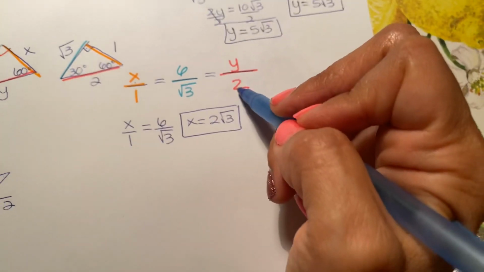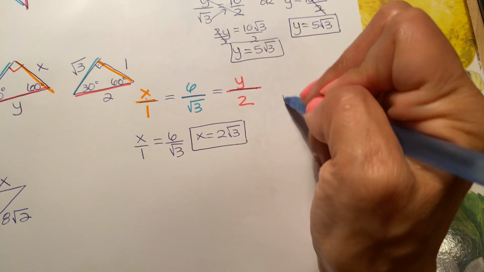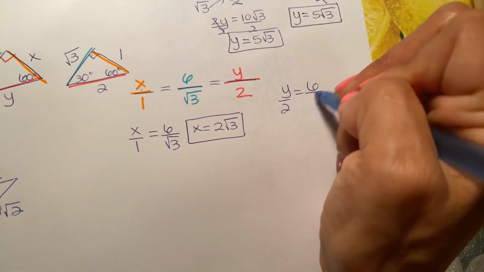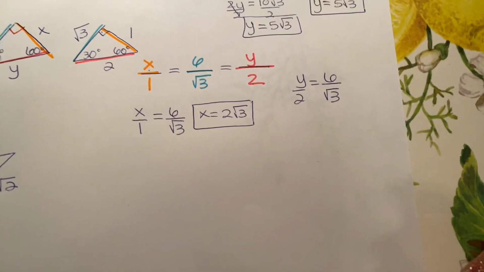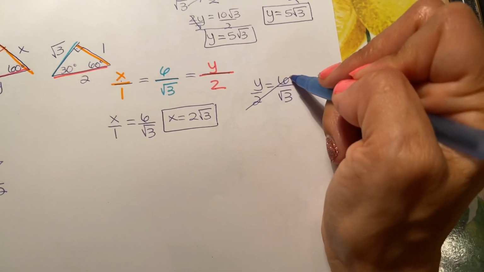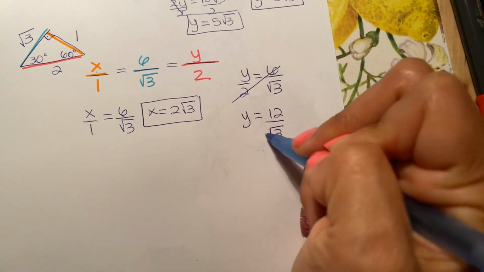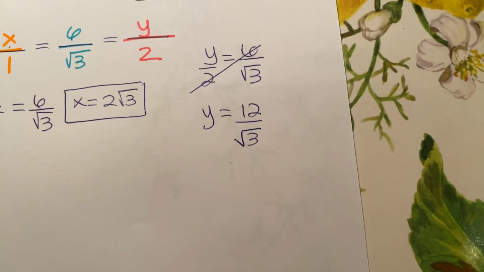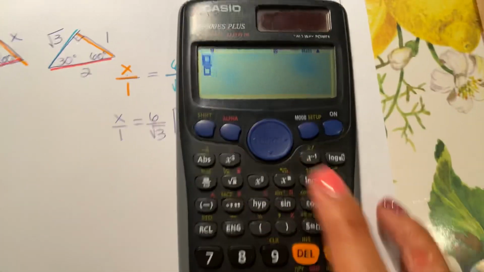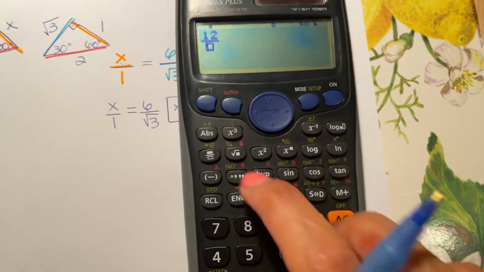Okay, so now solve for y. Y over 2, 6 over rad 3, right? Okay, multiply, right? So I get 12 over rad 3. So grab a calculator. What is 12 over rad 3?